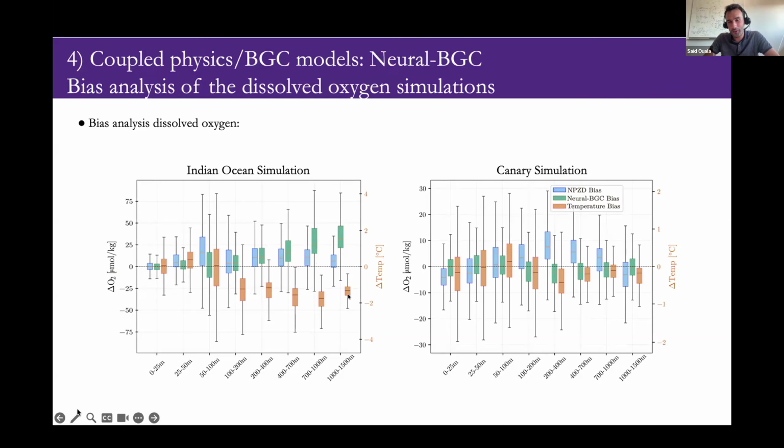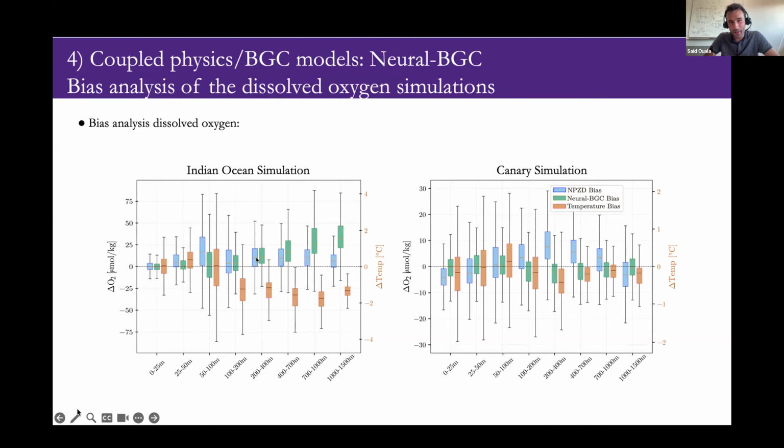This was due to a bias in the simulated temperature on the order of 2 degrees, which is a big bias that results in a bias in the simulated biogeochemistry or dissolved oxygen, because we will see that it's not the case for nutrients, and we'll explain why.